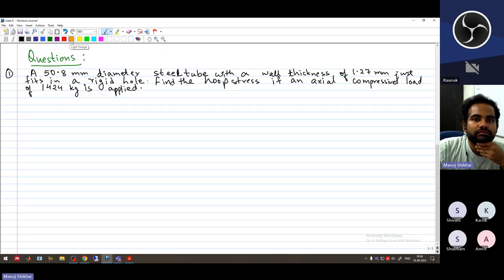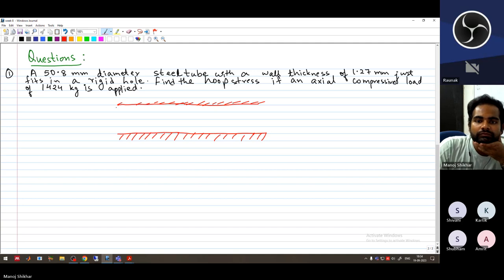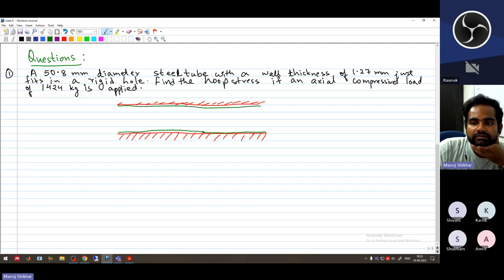So in this question, there is a hole present, and what they did was a steel tube was put in here, and it is put so that it just fits.